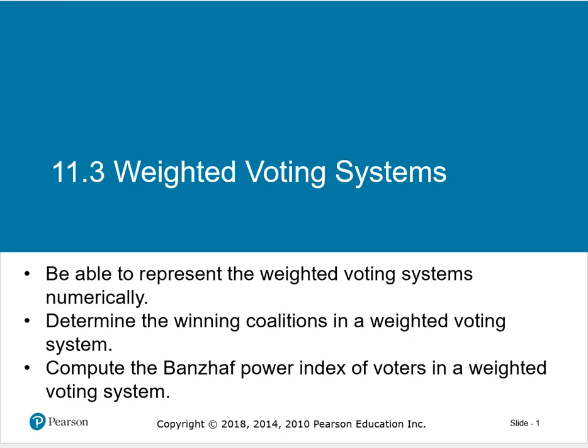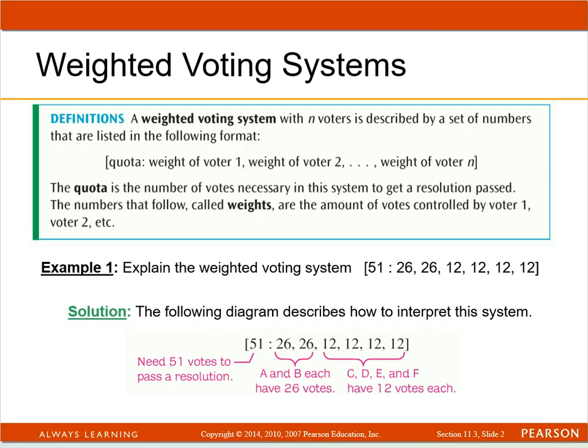This is the last lecture for this course, and we're going to talk about weighted voting systems. A weighted voting system with n voters is described by a set of numbers listed in the following format.